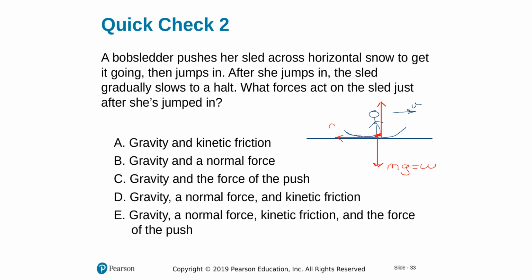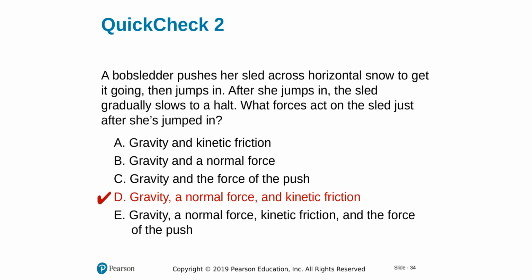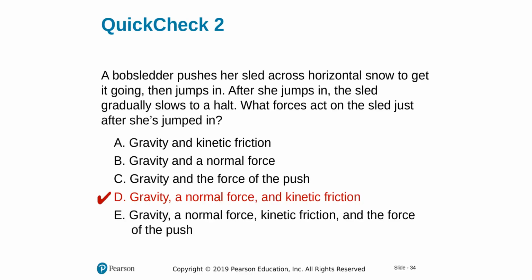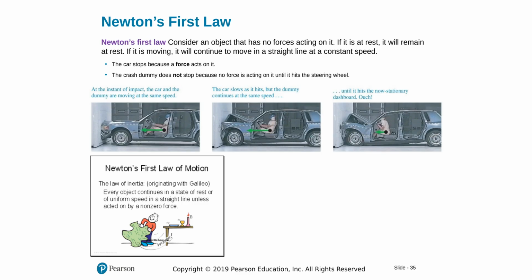Downward we have kinetic friction in this case, because the system is moving, and we have normal force. The surface will apply a normal force, and the answer is gravity, weight, and normal force, and kinetic friction. That's it for the forces. We'll talk about Newton's laws in the next video.